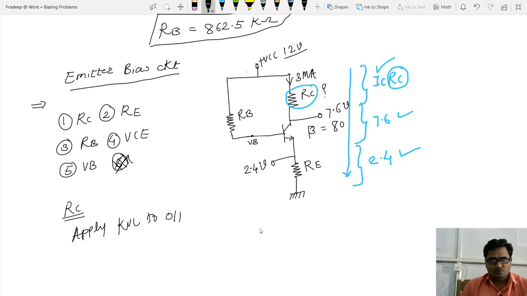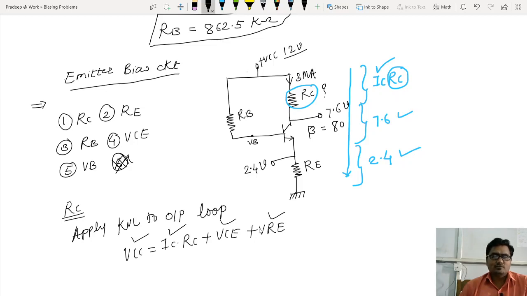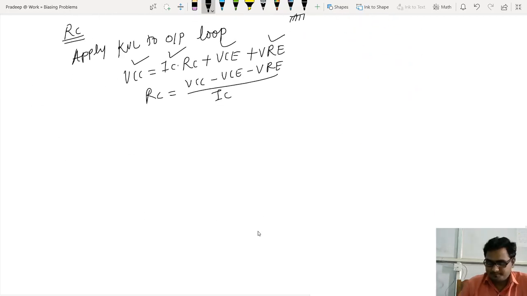Apply KVL to the output loop. The equation is VCC equals IC multiplied by RC plus VCE plus VRE. IC, VCC, VCE and VRE are known, so RC is VCC minus VCE minus VRE, divided by the collector current IC.